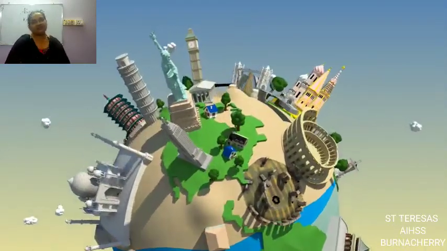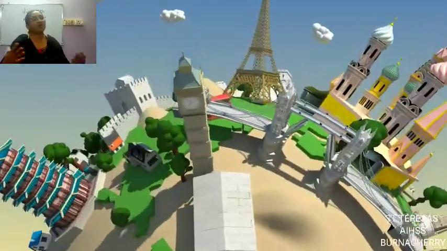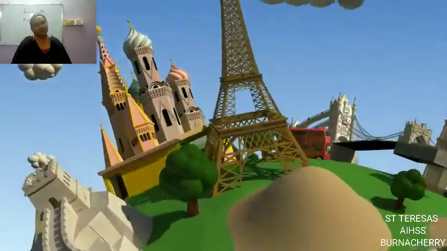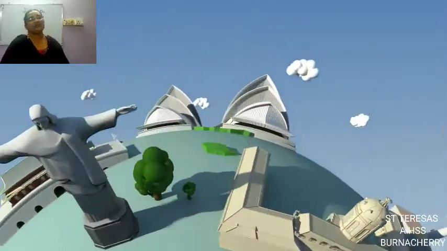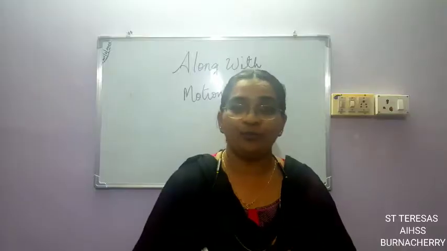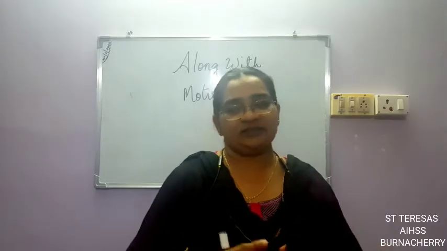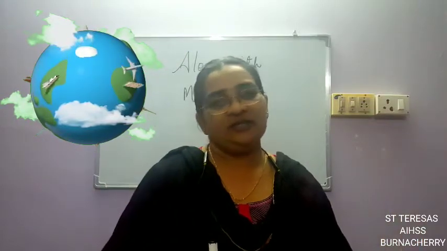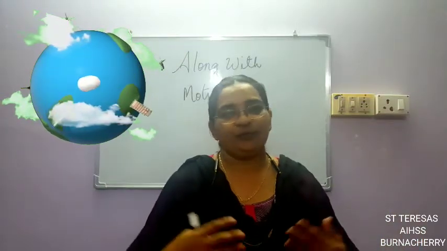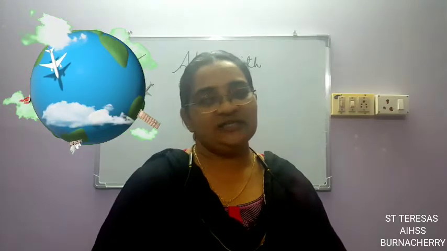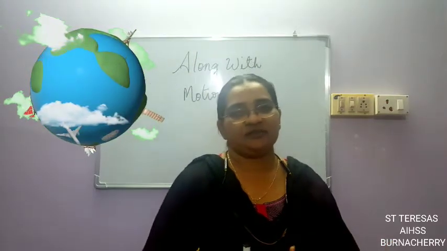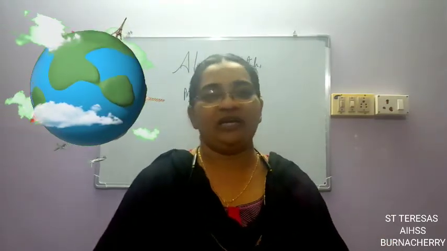That is because when the earth is in constant motion, all the things which are on the earth also move along with that. But because the earth is so big, we cannot feel that movement. Isn't it? We cannot feel the movement. But we are all moving.